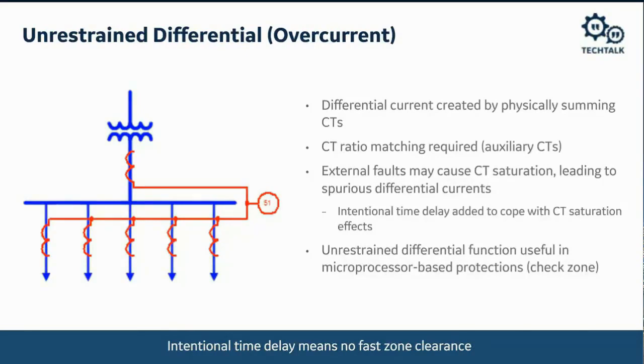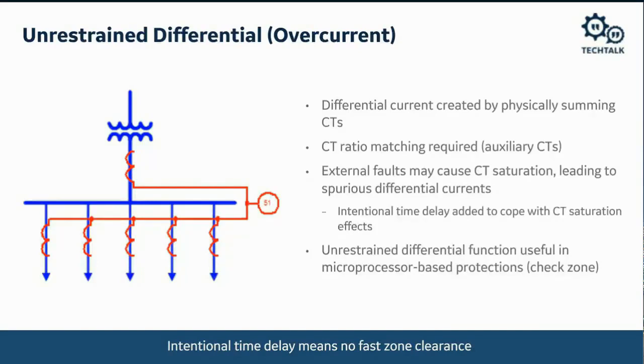The advantage of this scheme is all you need is an overcurrent relay, so it's very simple to apply. The disadvantage is we need to match the ratios in all of these CTs. If there is a CT that does not have a matching ratio, we might need to install auxiliary CTs to bring that ratio up to match.